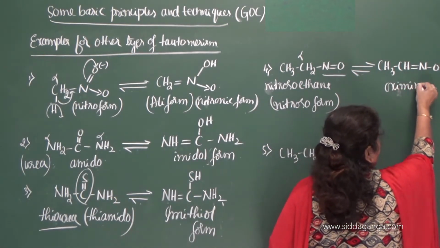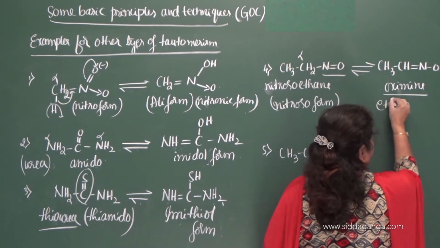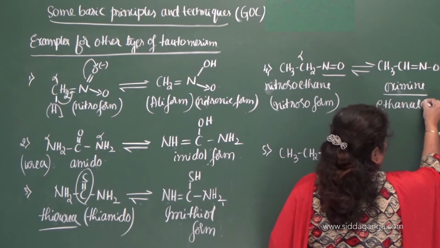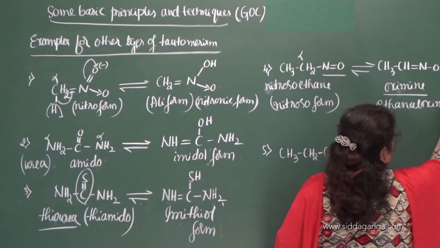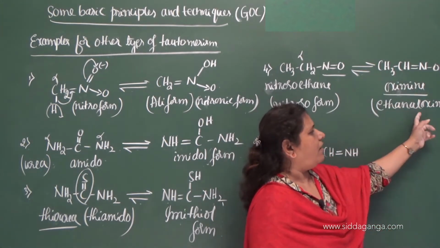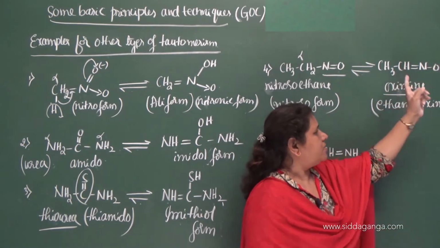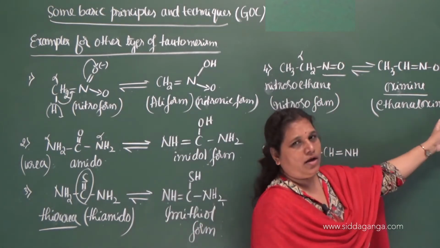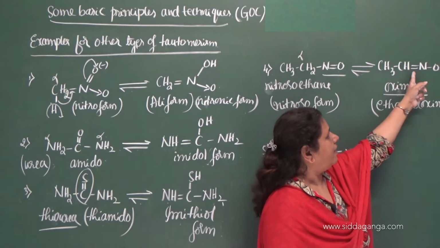Oximine, and this is ethanol oxime. Two carbon atoms, ethanol oxime is the name. So conversion of nitrosoethane to ethanol oxime, and here we'll get a double bond.